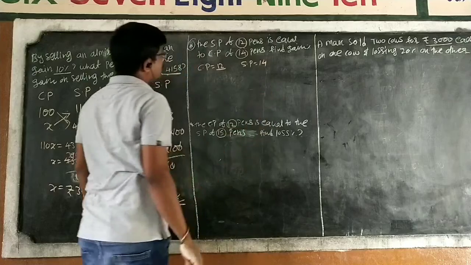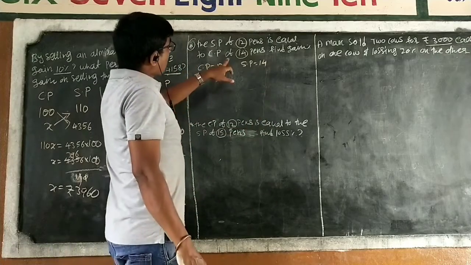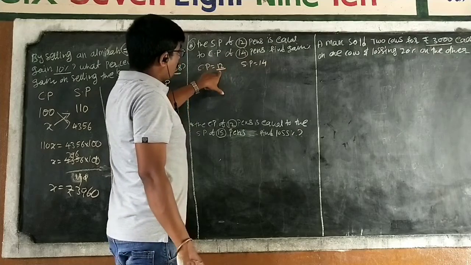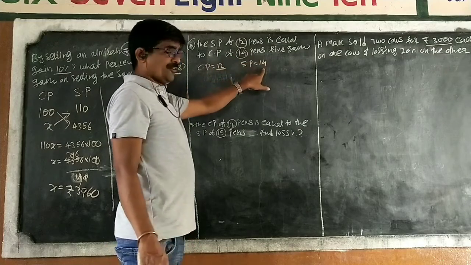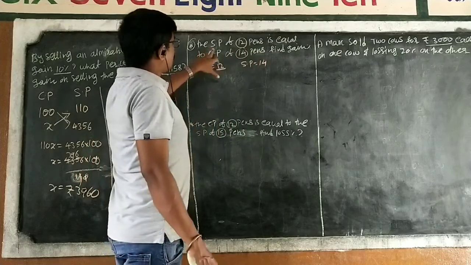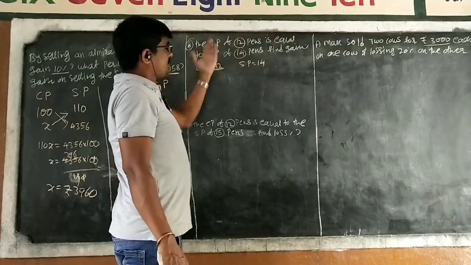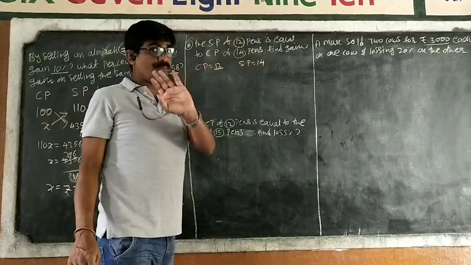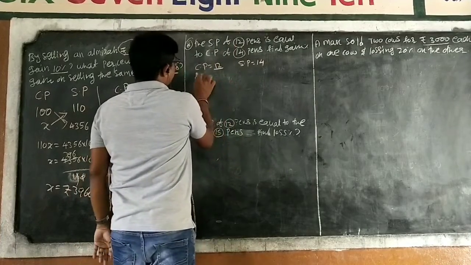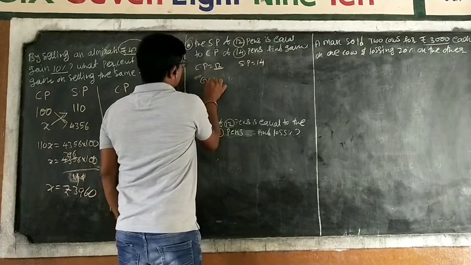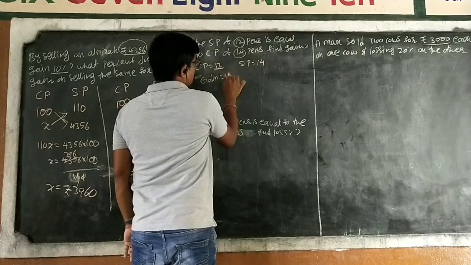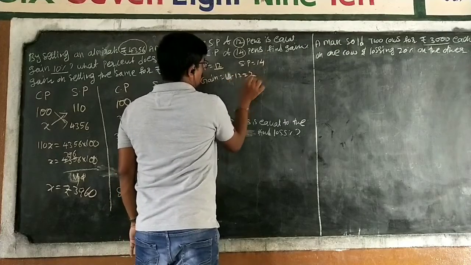That means actually he purchased the pens for 12 rupees and sold them for 14 rupees. You want to find the gain. So in this situation, gain is equal to 14 minus 12, that is equal to 2.